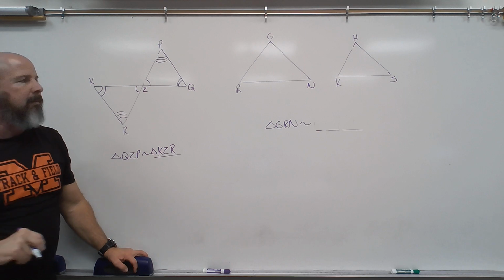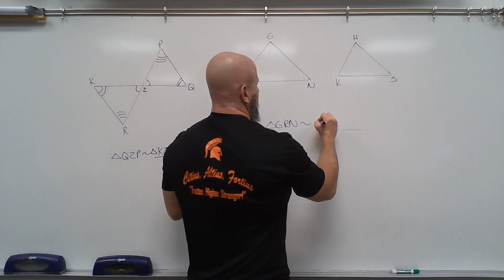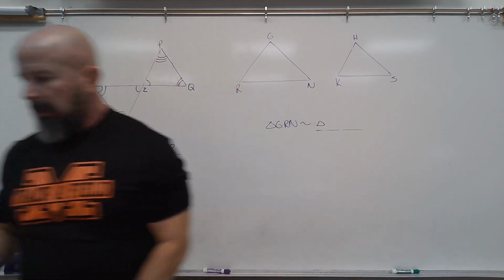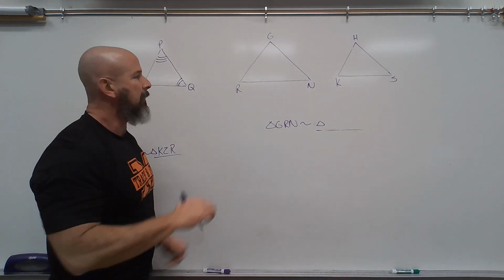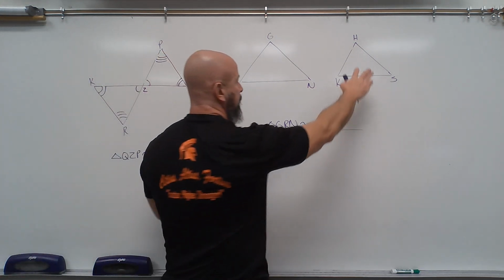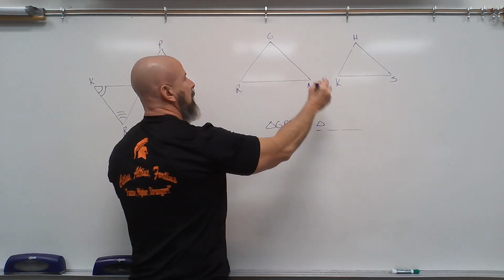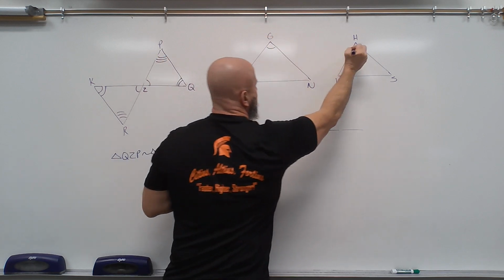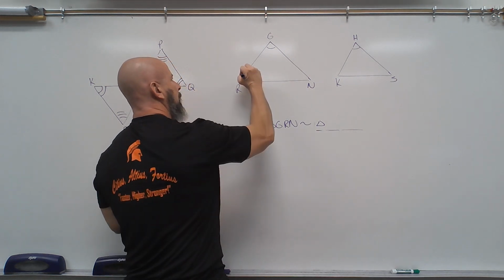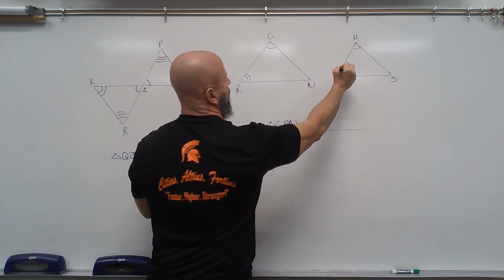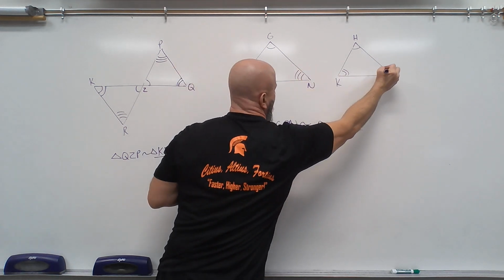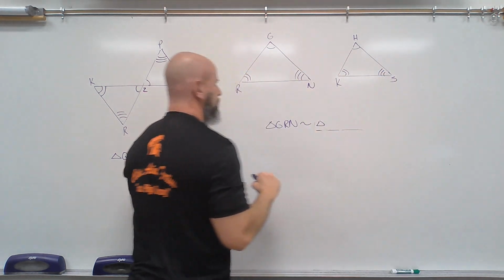The second pairing, triangle GRN, is similar to which triangle? All right, or the name of that triangle. So again, this one's the smaller version of this one. So G corresponds to H. R corresponds to K. N corresponds to S. Okay.